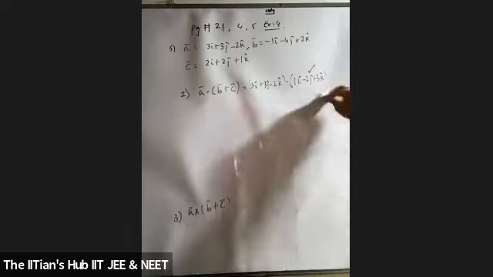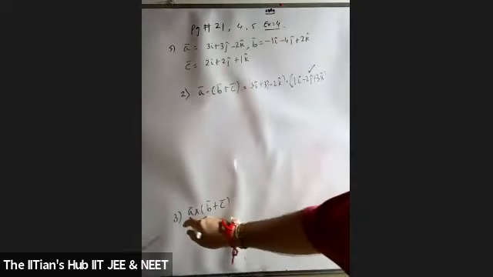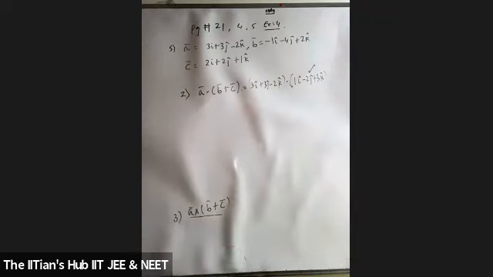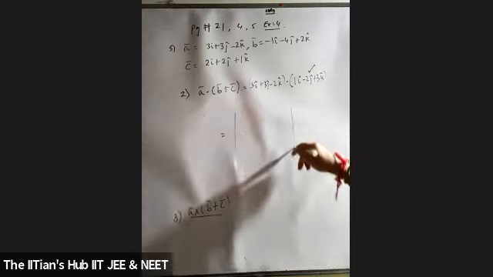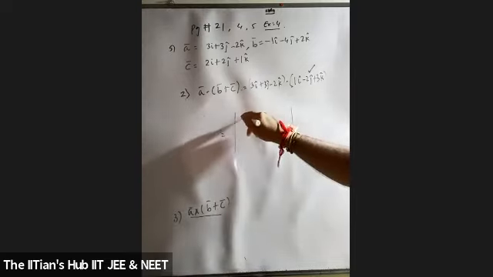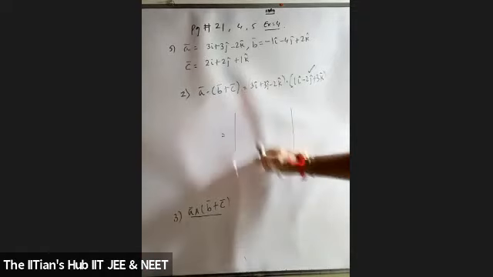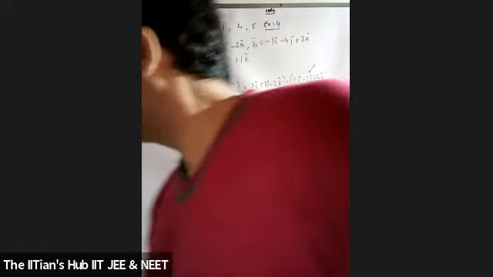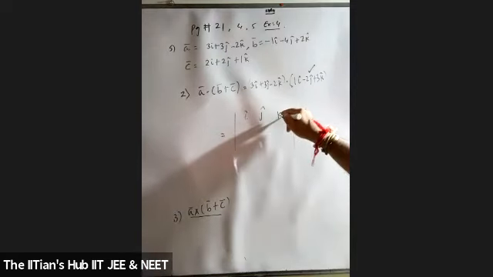Do you want to answer? No, sir. Okay. Now suppose I go for A cross B plus C, students. See, what will be the answer? We consider i, j, k, students.